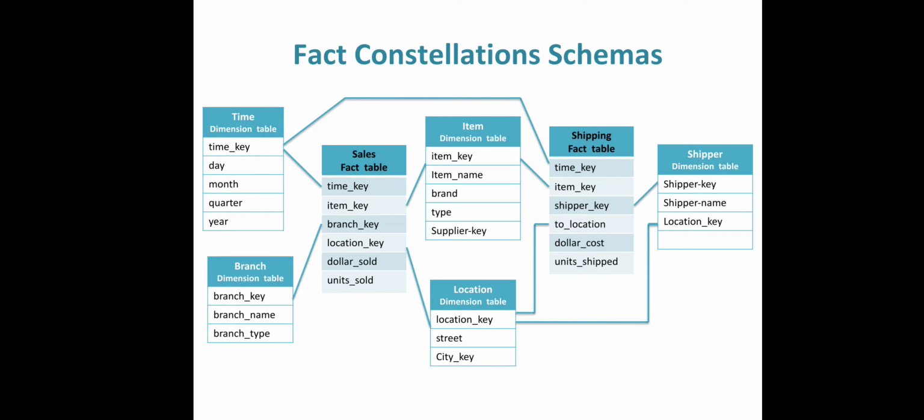So, this location key will be mapped to this location dimensional table, and this location dimensional table can also map to the to location format, right. So, these are the redundant attributes. We can say that this location key is present over here also, to location is present here also, or from location is present here. With that we are having another location key in the shipper dimensional table, right.